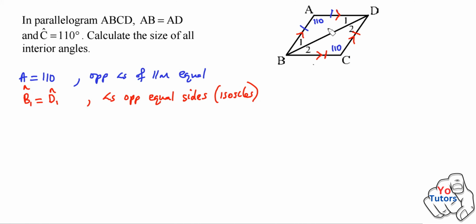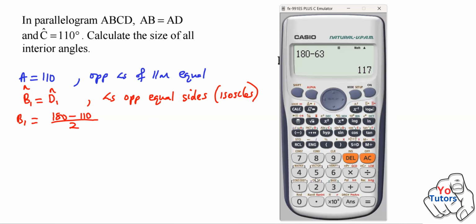Now, what can we say? We can now find B1. So B1 is going to be equal to 180 minus 110, divided by 2. Let's see that. 180 minus 110.